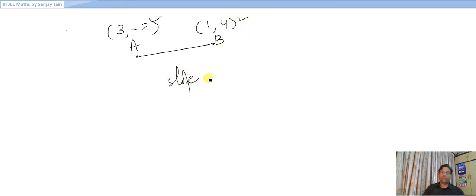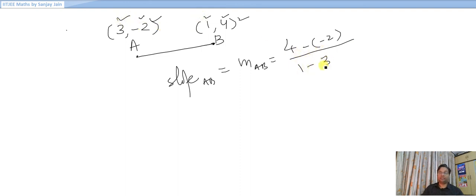Slope of AB will be equal to y2 minus y1, so 4 minus minus 2, divided by x2 minus x1, that is 1 minus 3. So here I have got 6 in the numerator, and in the denominator I have got minus 2. So the slope of this line will be negative 3, right?